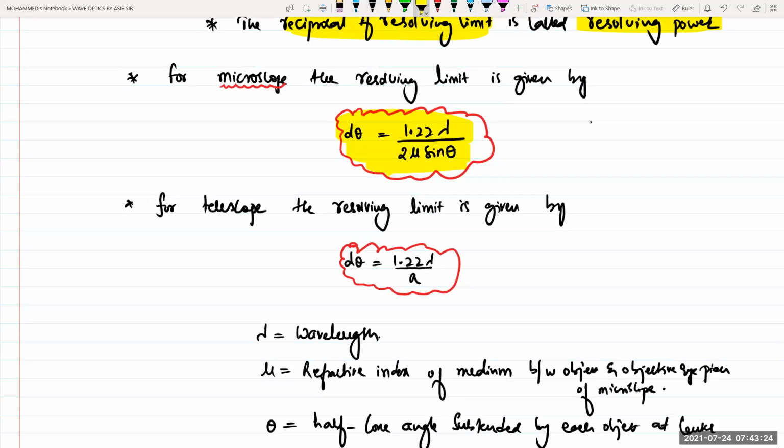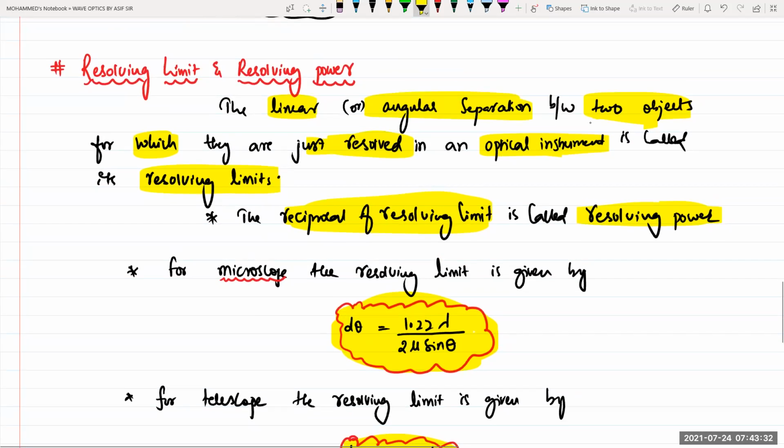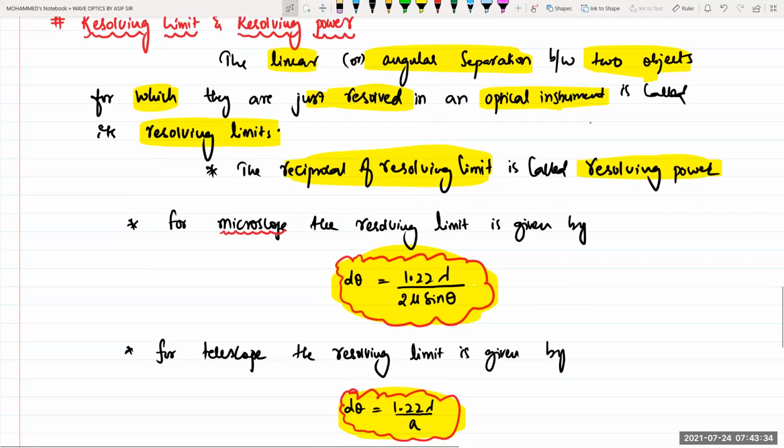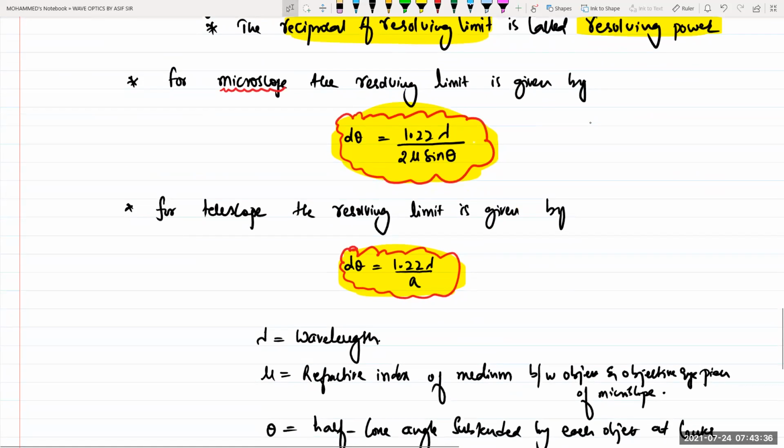For the microscope, the resolving limit is 1.22 lambda divided by 2 mu into sine theta, and for the telescope, d theta is 1.22 lambda divided by A. Now, if I'm asking the resolving power, anyone tell me how do you write it? Resolving power is equal to 1 by d theta.